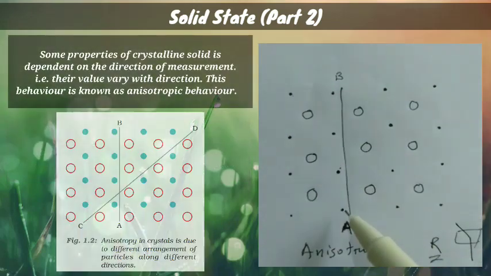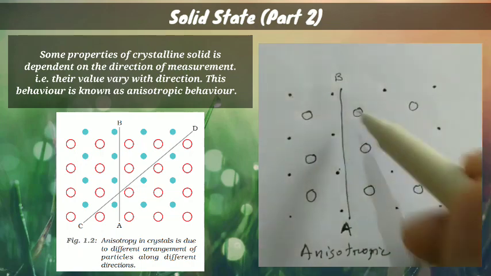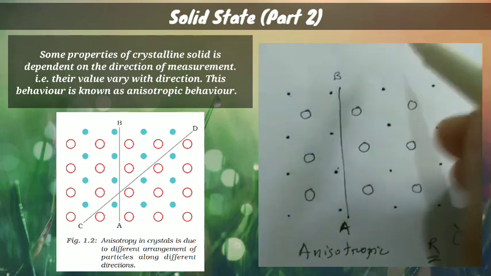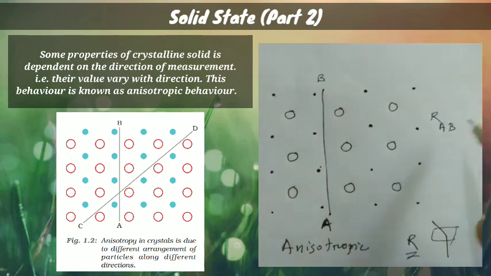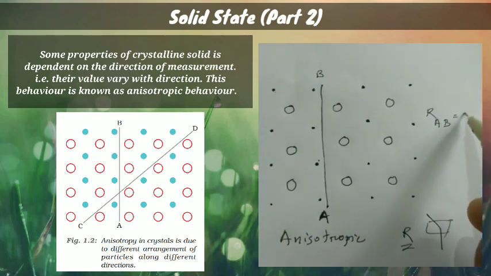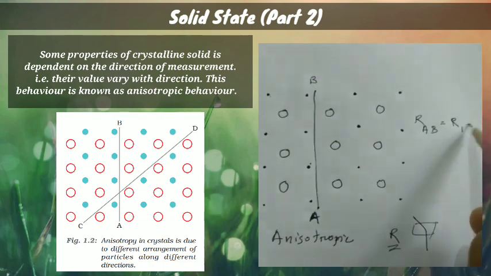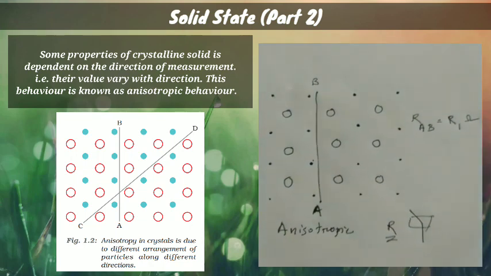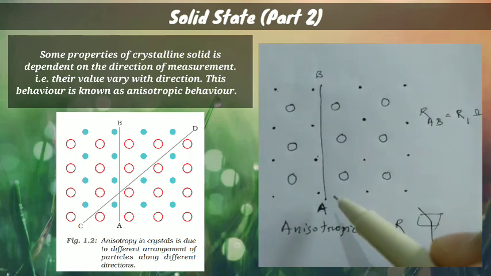Let's suppose the resistance from A to B is R1 ohm. So this is one direction.